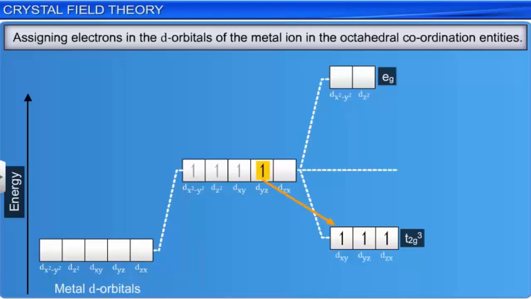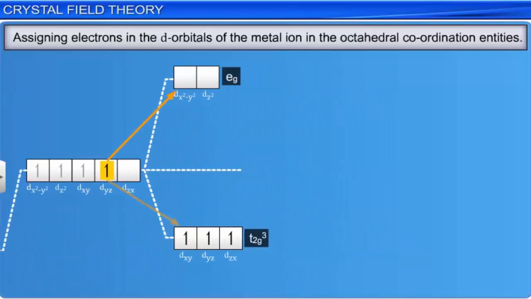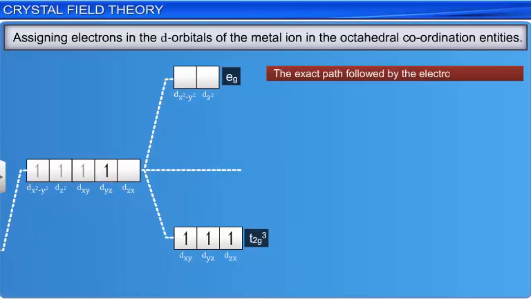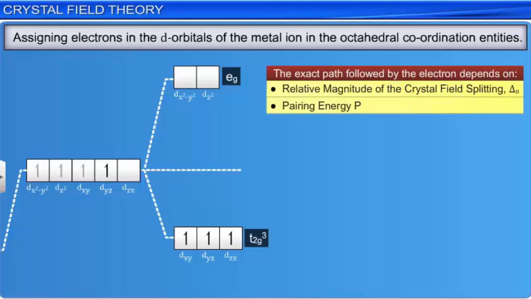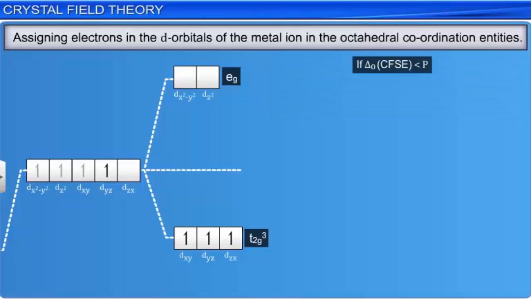The exact path followed by the electron depends on the relative magnitude of the crystal field splitting, delta O, and the energy required for the electron pairing in a single orbital, that is, pairing energy P. If the crystal field splitting energy is less than the pairing energy, then the fourth electron enters one of the higher energy Eg orbitals, giving the configuration T2g3 Eg1.